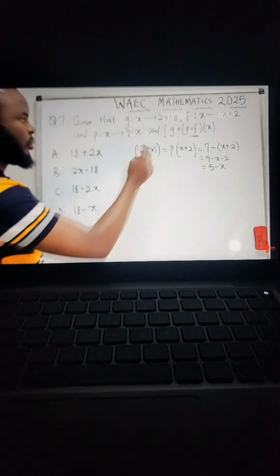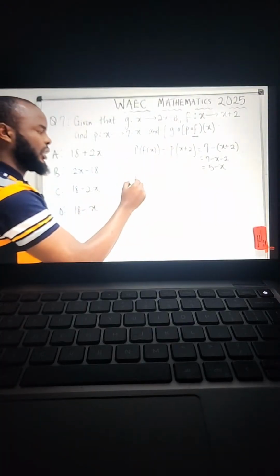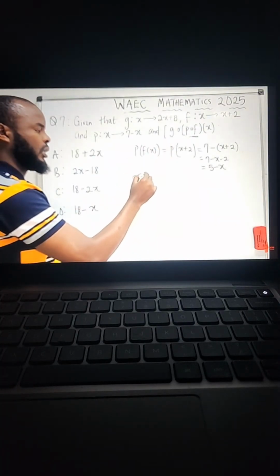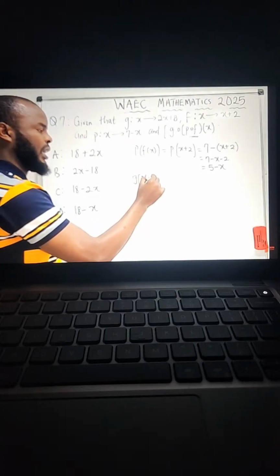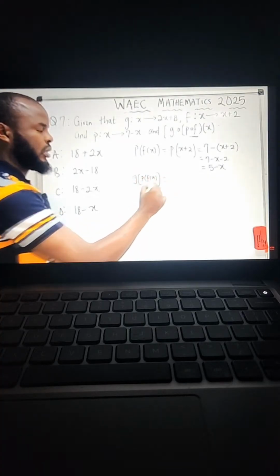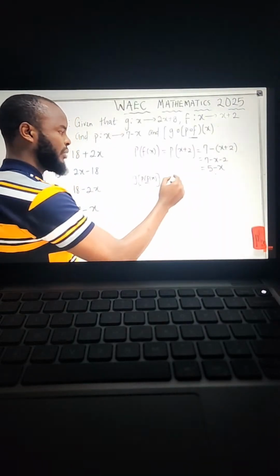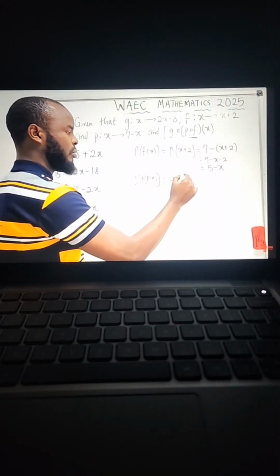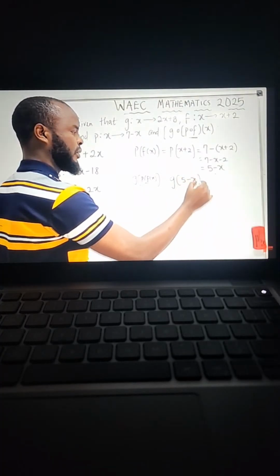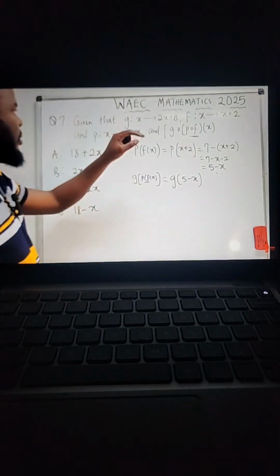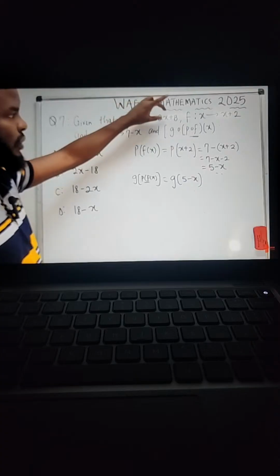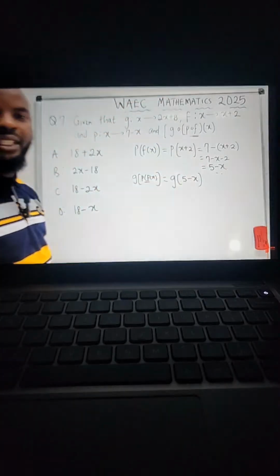Then next, we want to do everything. So here we have g of p of f of x. We've gotten this to be 5 minus x. So what we have to do is g of 5 minus x. That is, come back to g of x. Anywhere you see x, you plug in 5 minus x.